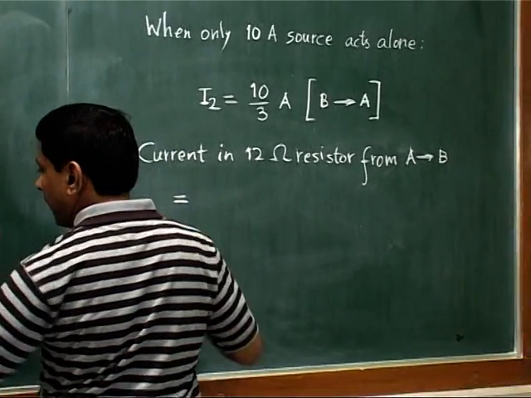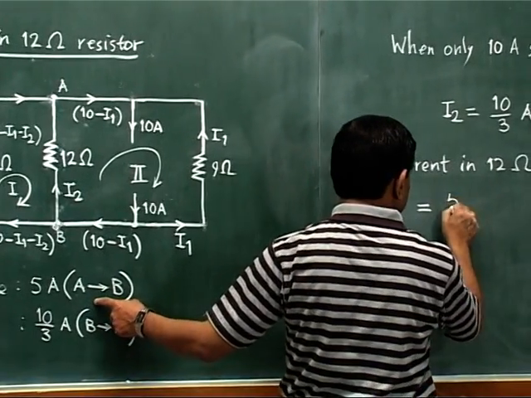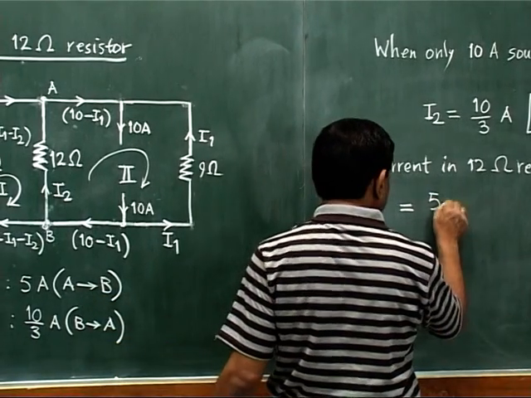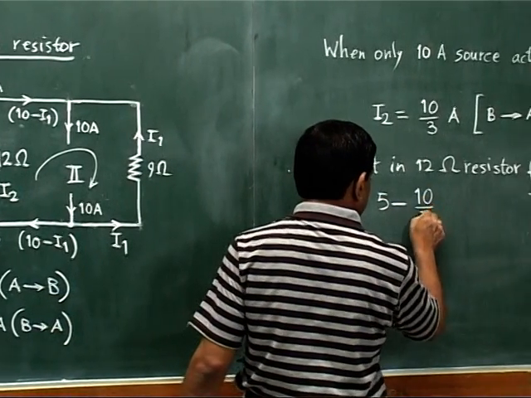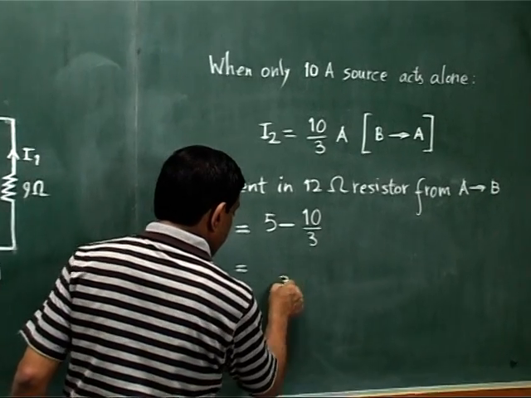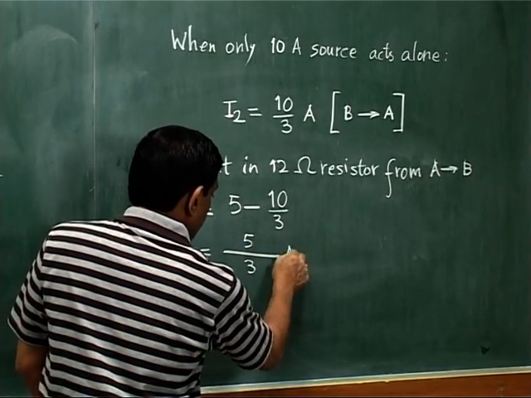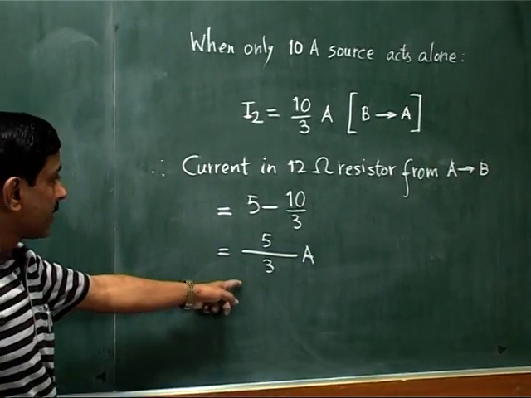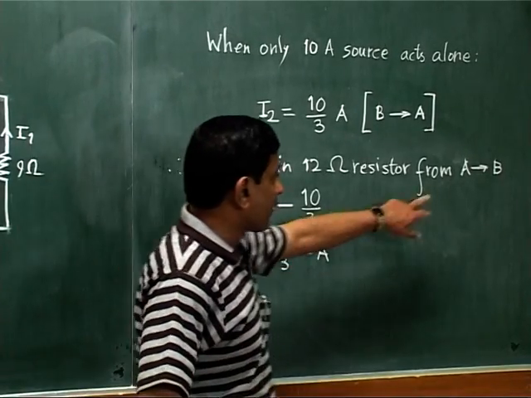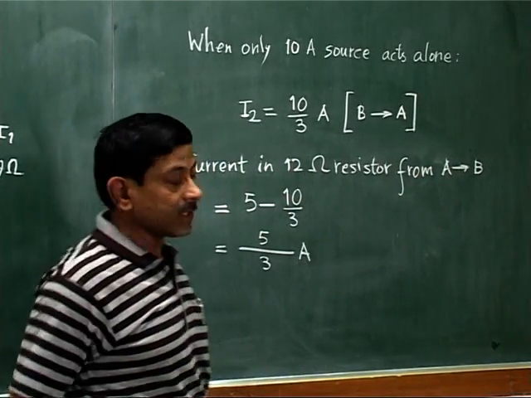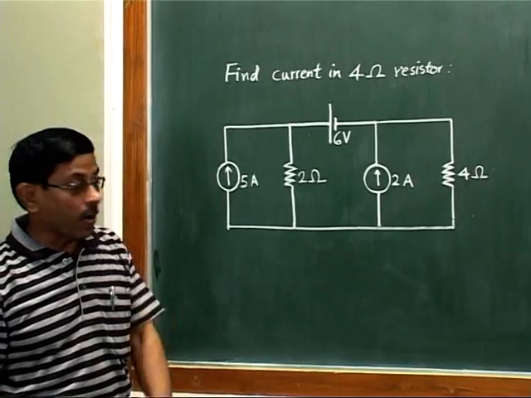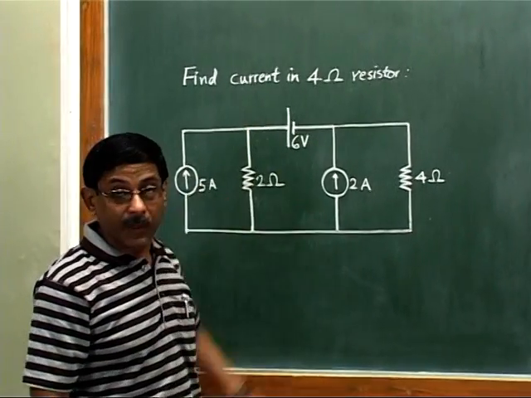This is already A to B, so 5, and this is B to A, so we take it as negative, 10 by 3, and so it will be 5 by 3 ampere. And this answer we are getting plus, that means the current is really flowing from A to B when both the sources are acting.